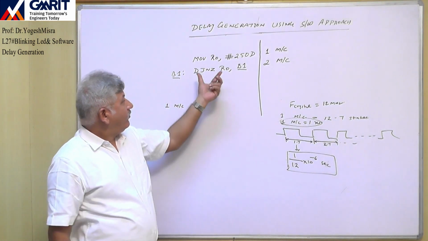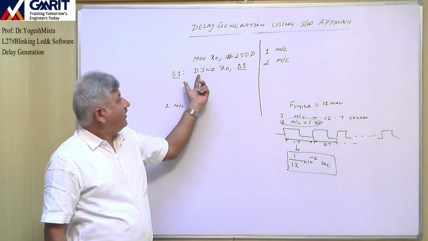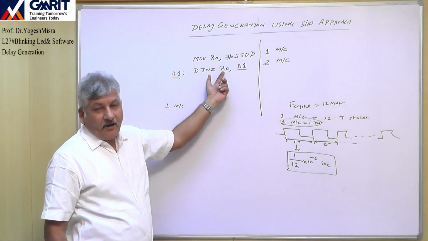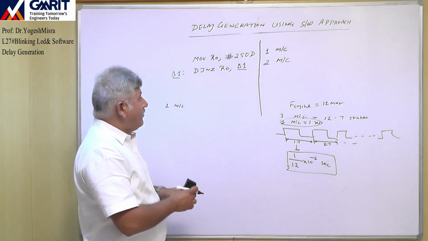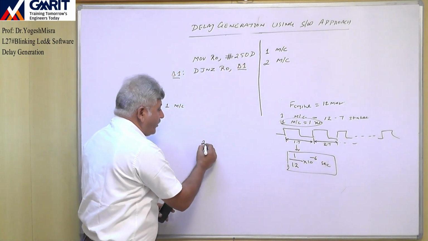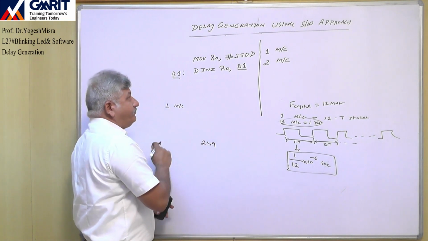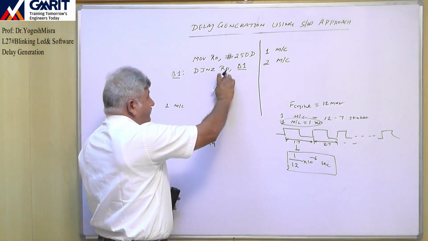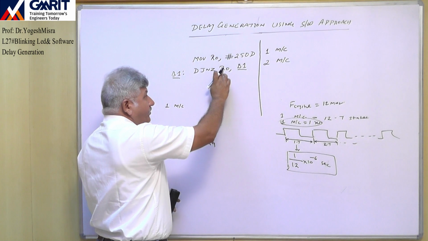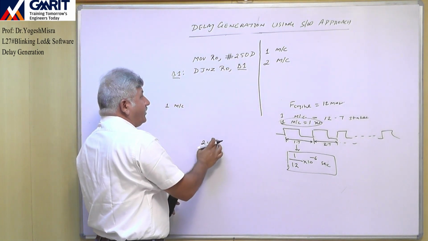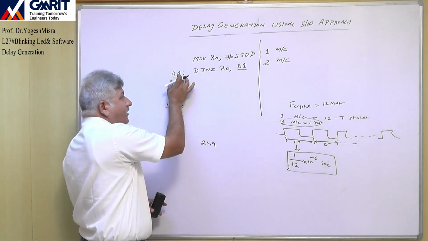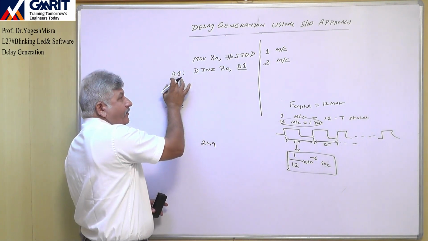Then the controller will execute the DJNZ R0 instruction. It will decrease the value of R0 by 1. Now R0 will become 249. Now if the value of R0 is not 0, go back to label B1. It is not 0 in this case, so again it comes back to this label.